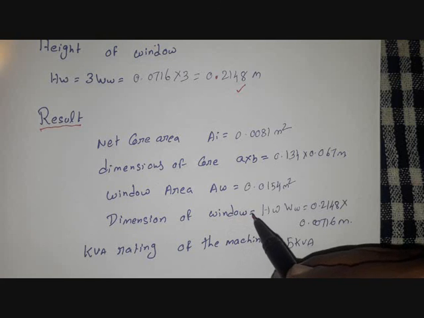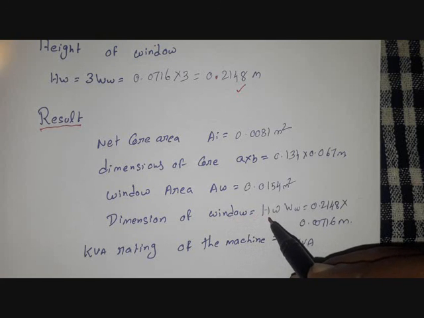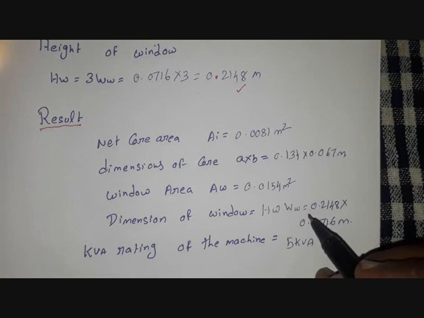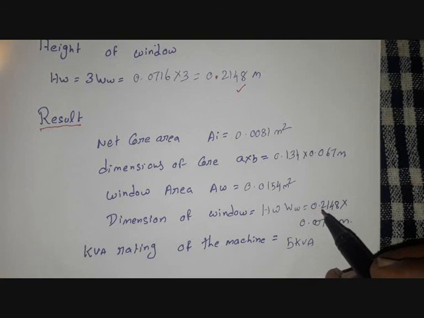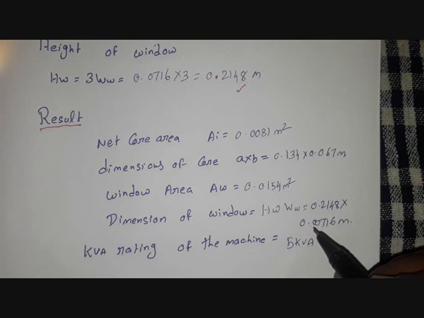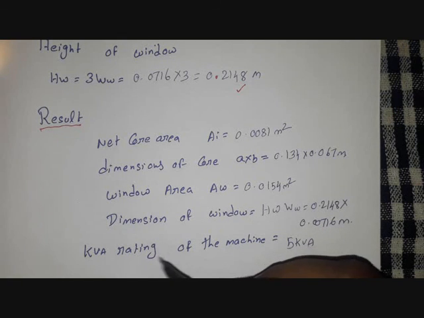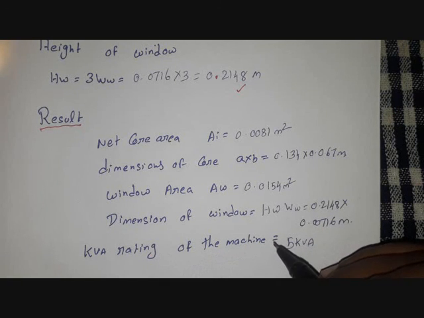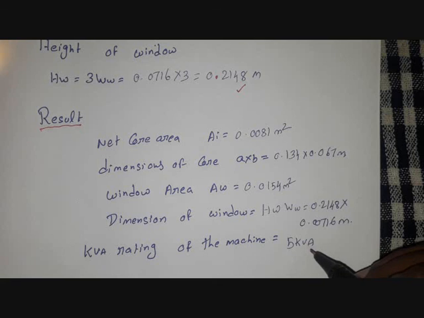Dimension of window is equal to height of the window into width of the window is equal to 0.2148 into 0.0716 meter. KVA rating of the machine, that is given in the problem. It is also written in the result.